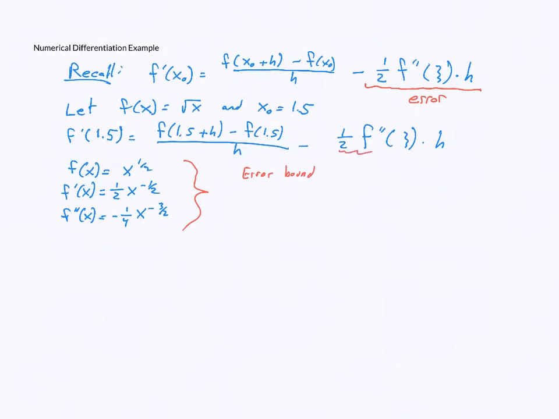from this part here, I'm going to take the absolute value of negative 1/2 times the second derivative at psi, times h.